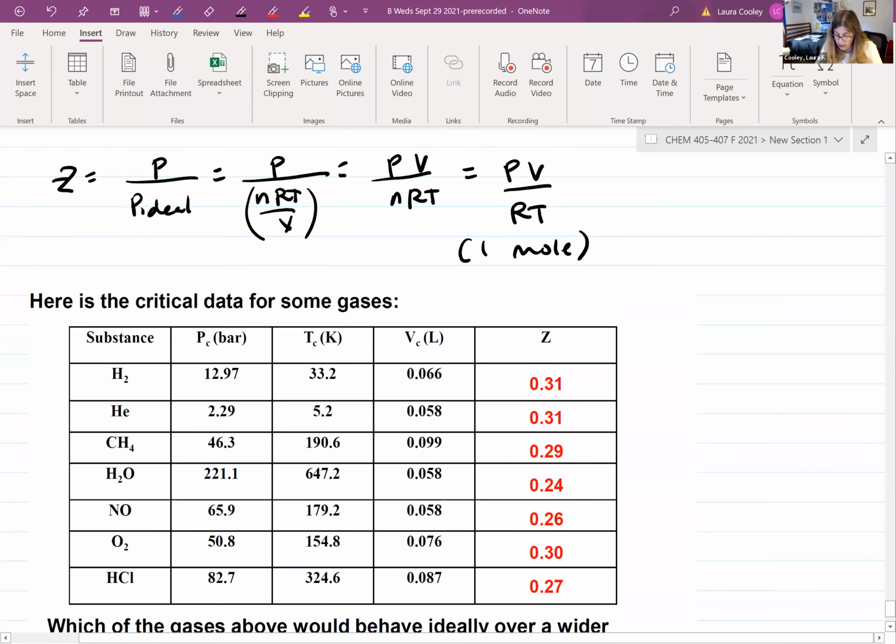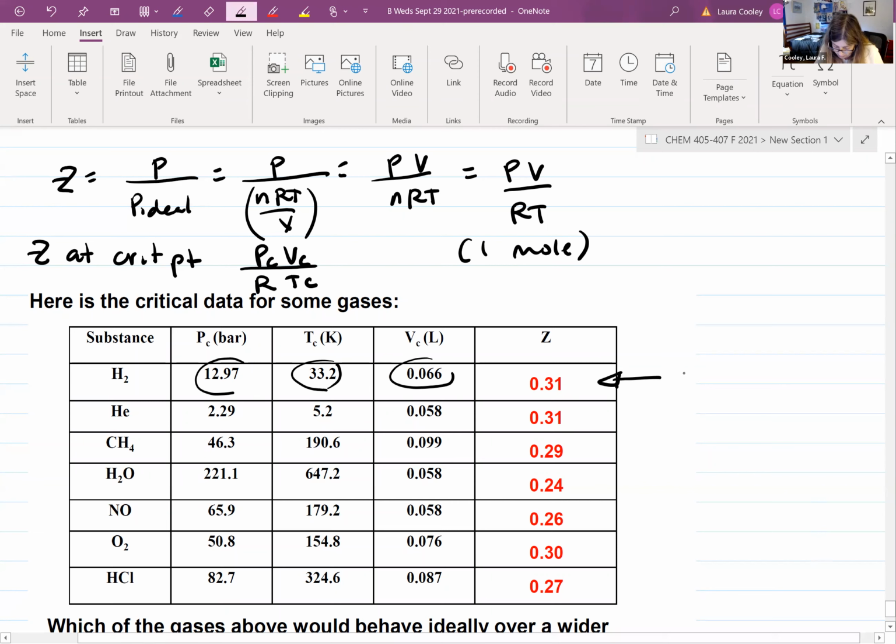Okay, so how do you calculate this Z? Z at the critical point is just PCVC over RTC. And that's what happens if you take PCVC over R times TC. This is the value you get for hydrogen.